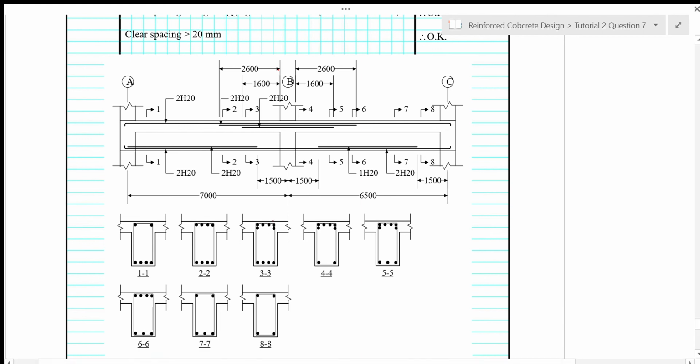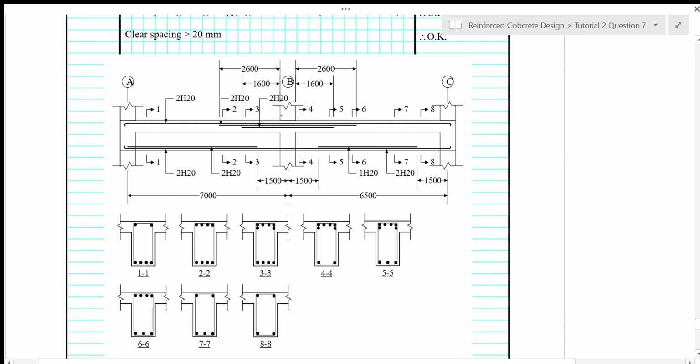If you look at cross section 3 here, then the 2H20 here represents the 2 outer bars. And another 2H20 here represents these 2 inner bars. And this 2H20 here represents the second layer of the 2 bars.